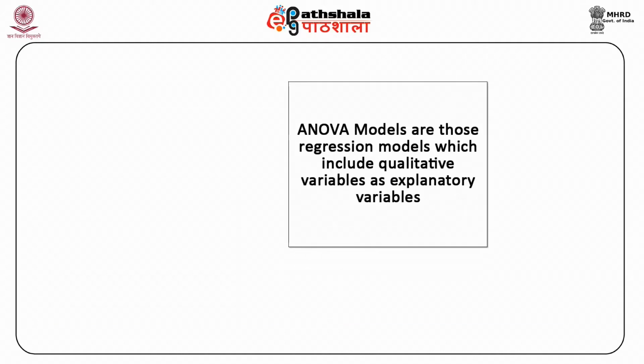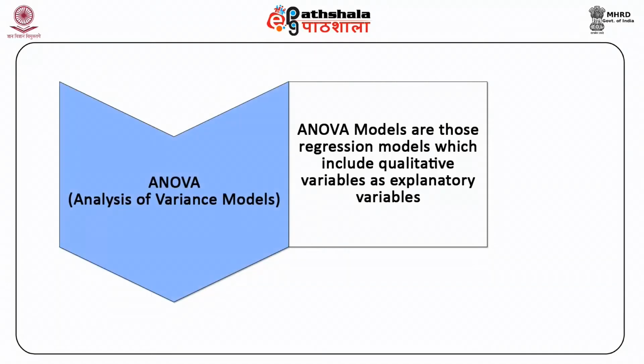Regression models, which include qualitative variables as explanatory variables, are called analysis of variance models. Such models are popularly termed as ANOVA models.